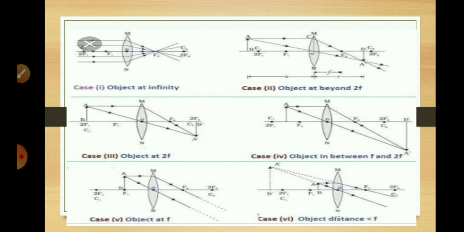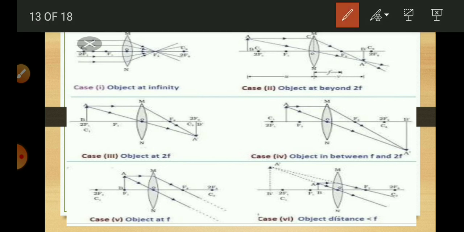Now see the first case. When the object is placed at infinity, then the image will be formed on the same side as the object, at the principal focus, that is F2. So this one is F1 and this one is F2. So if the object is at infinity, image formation will take place at the principal focus F2.